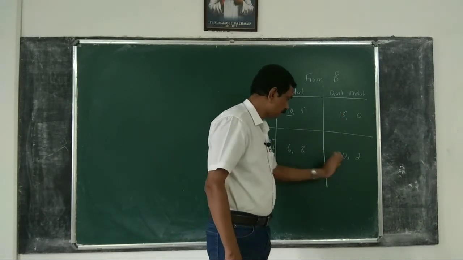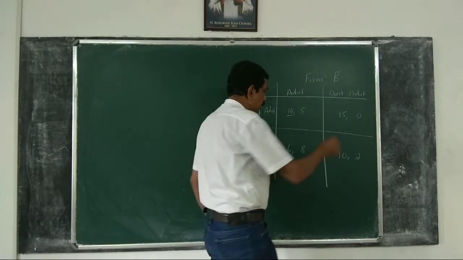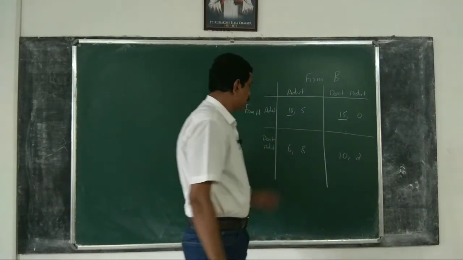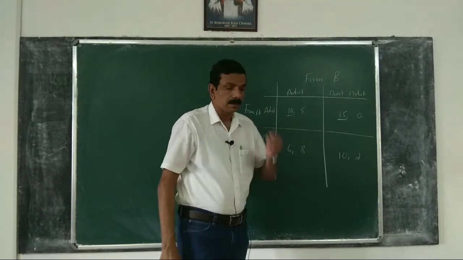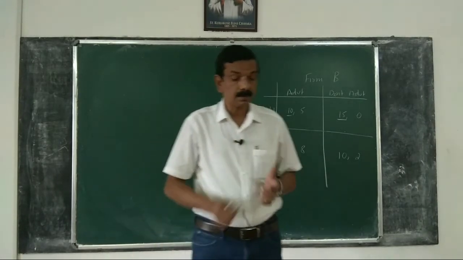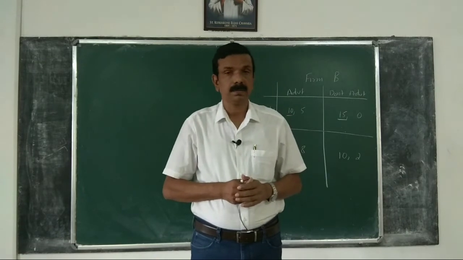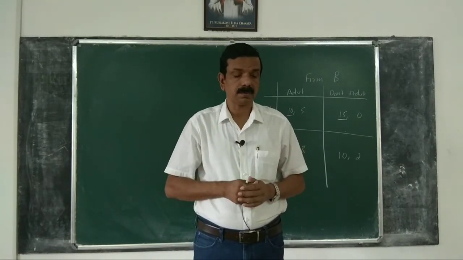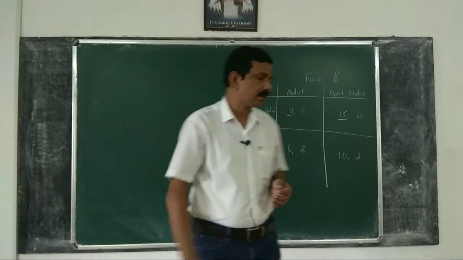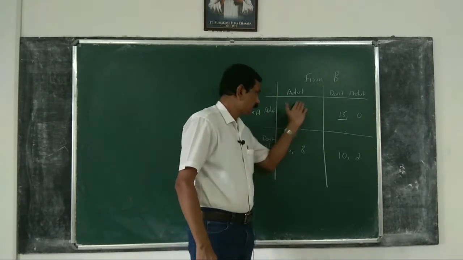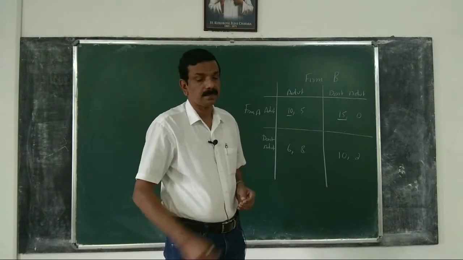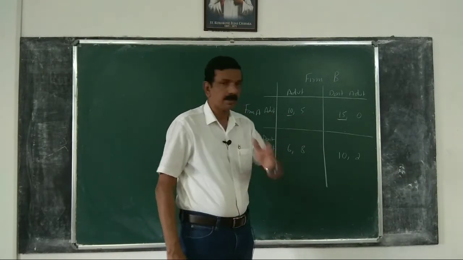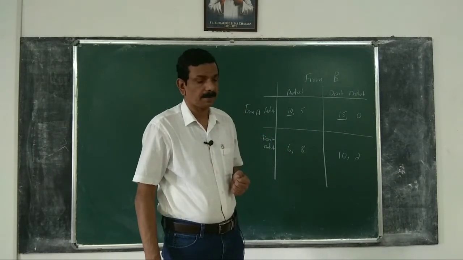If A doesn't advertise, it will get only 10. So it advertises. So for firm A, it is always better to advertise, irrespective of whether B will advertise or not. So we will say that advertise is the dominant strategy for firm A.